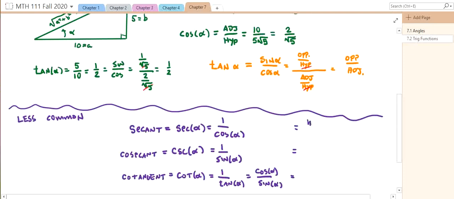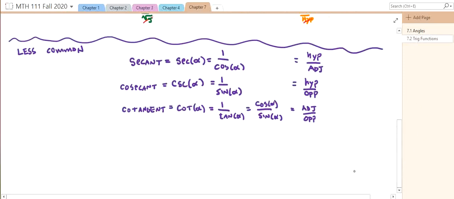So this is the hypotenuse over adjacent, and this is the hypotenuse over the opposite side, and then this is adjacent over opposite. And these, of course, are just the reciprocals of our three main trigonometric functions.